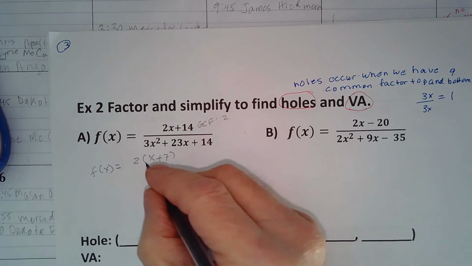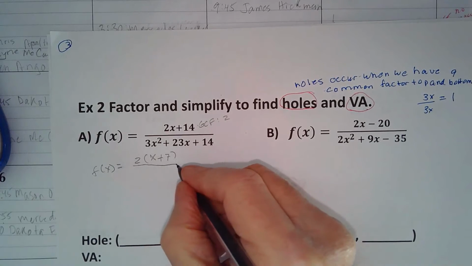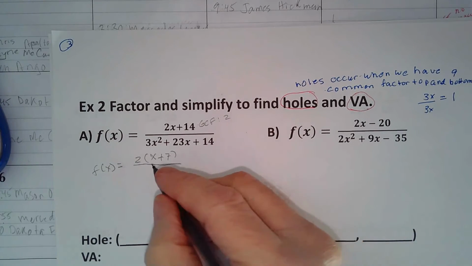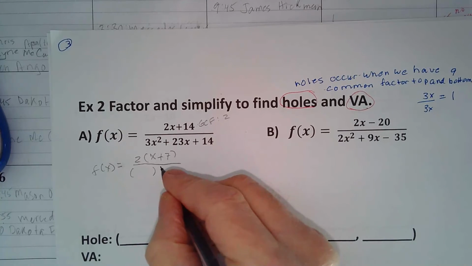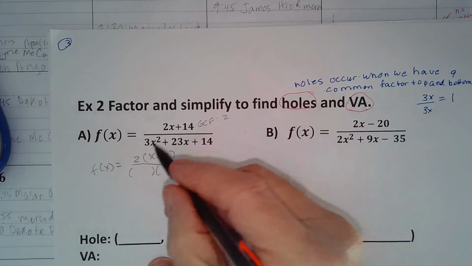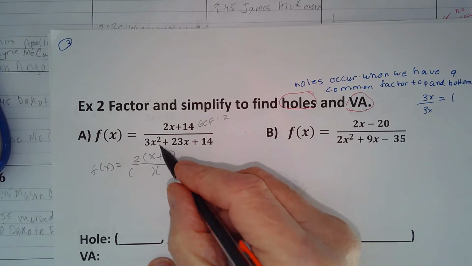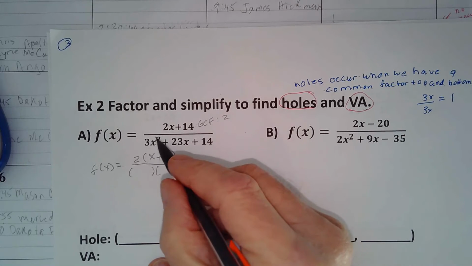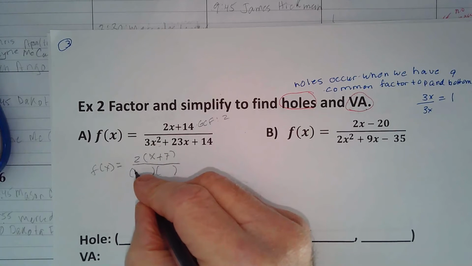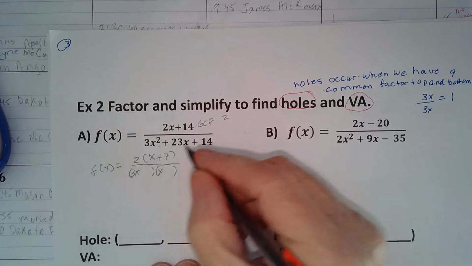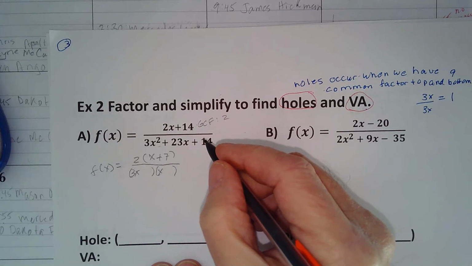And then we're going to factor the denominator. So we're going to double bubble that. I start out with this 3x squared, and the only way you can divide that up is to take 3x in the first bubble and x in the second one. That multiplies up to 3x squared.